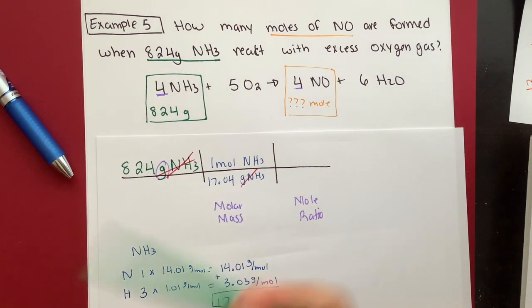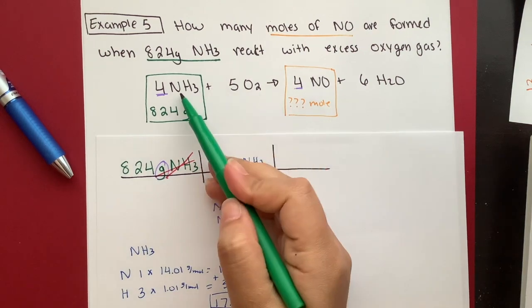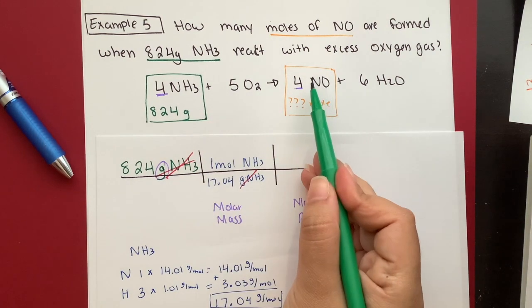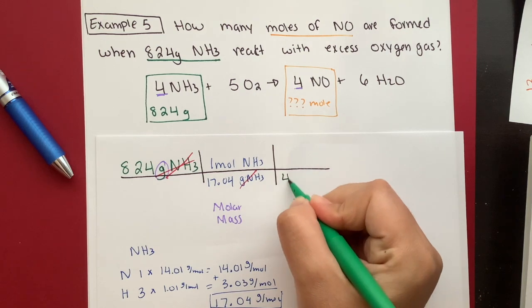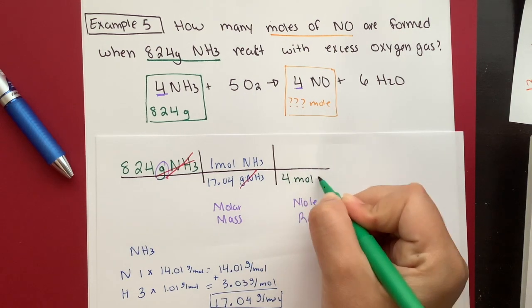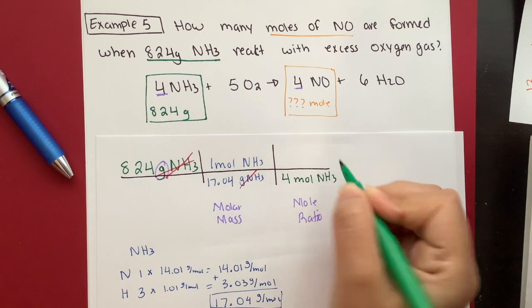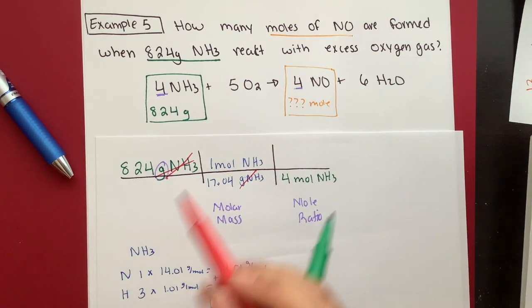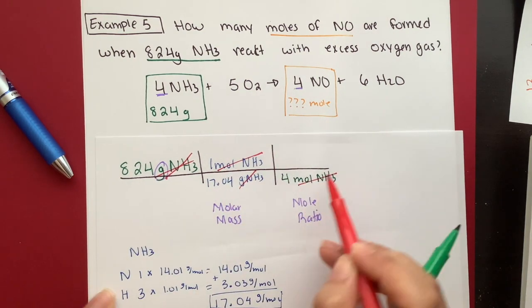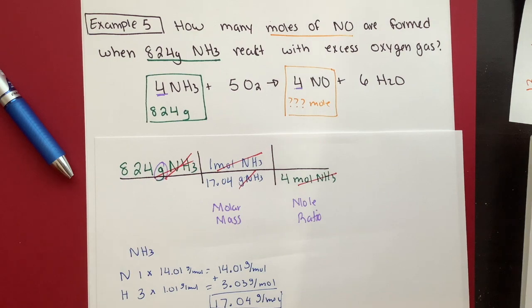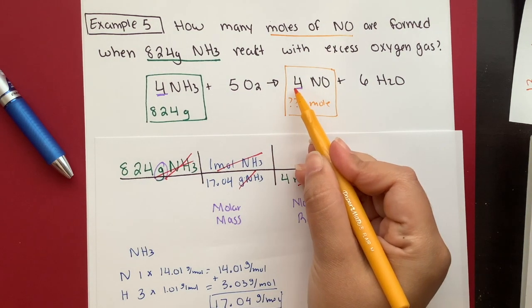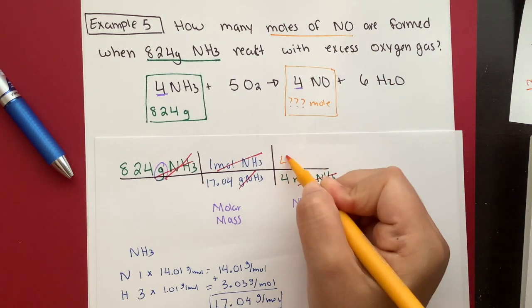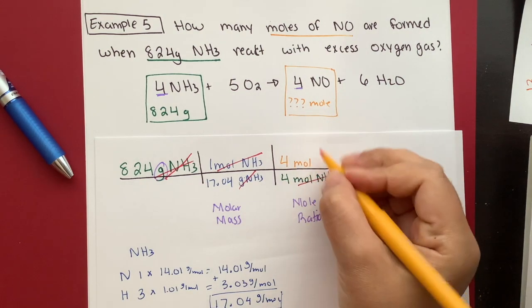But in the bottom, do I want the moles of NH3 or the moles of NO? In the bottom, I want the moles of NH3, so that the moles of NH3 and moles of NH3 cancel out. And then in the top, I want the moles of NO, which based on the equation is 4 moles of NO.